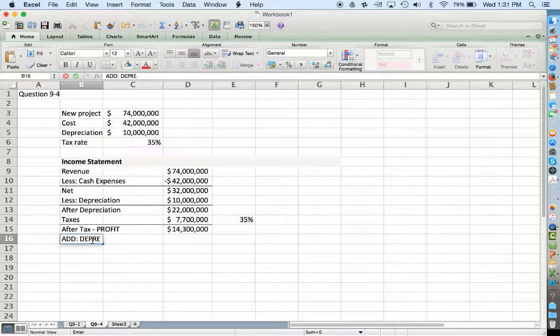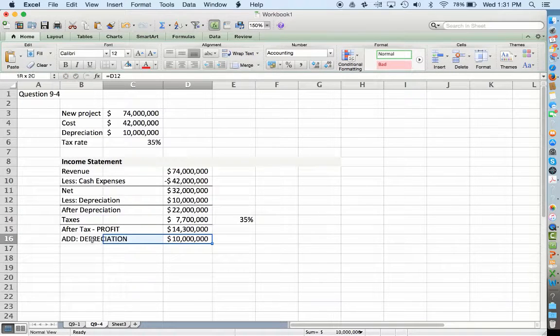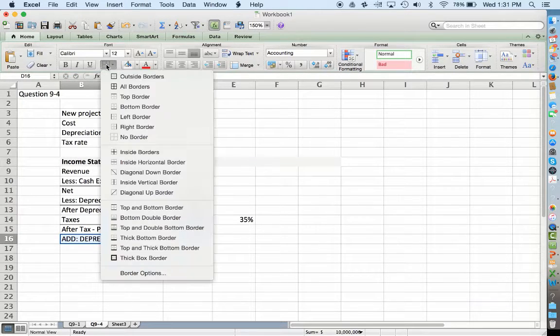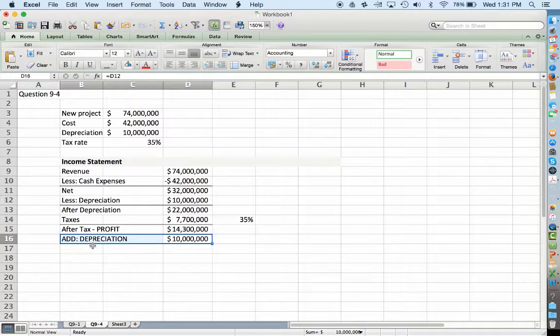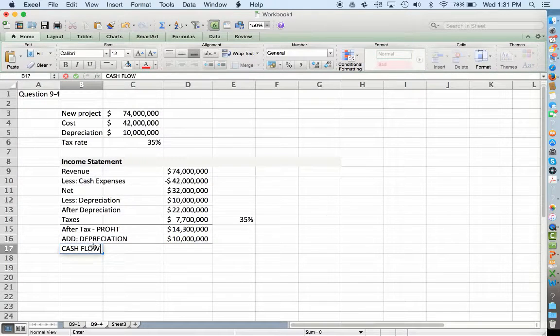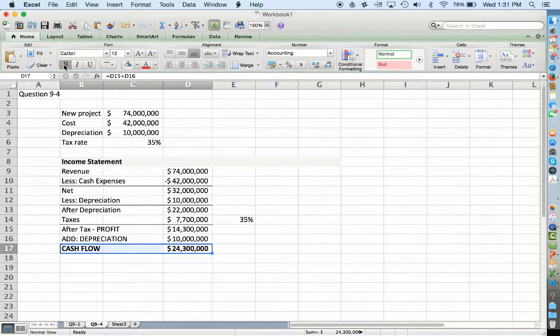So I go back and I add the full amount of depreciation. And now, my cash flow, I take the 14,300 and I add the depreciation. And this gives me cash flow. Okay?